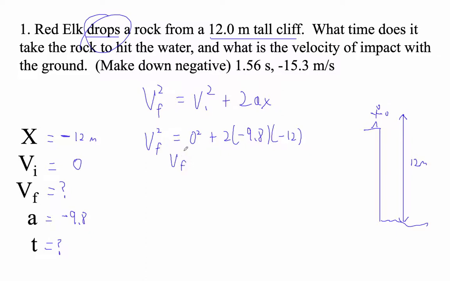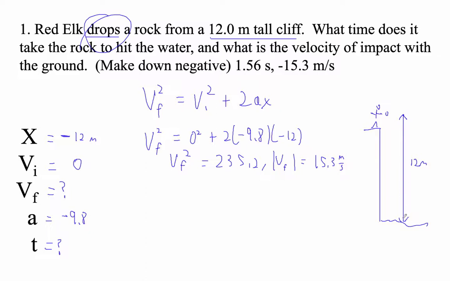So VF squared is 235.2. And so therefore the absolute value of VF, because we're taking the square root of this, is equal to, so I'm going to do second square root, second answer. And that's 15.3 meters per second.